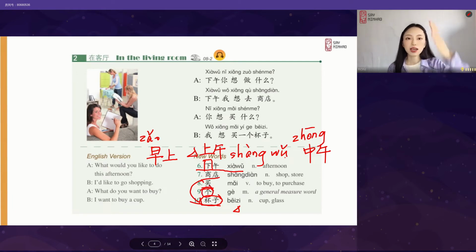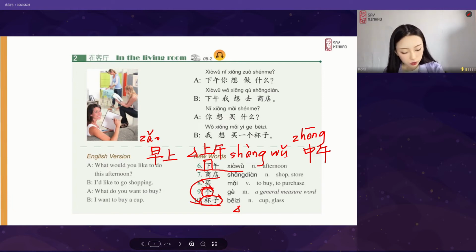Read after me, please. 个. It is a very general measure word in Chinese. It is used before nouns which don't have a specific measure word. So 一个杯子 means 1 cup.